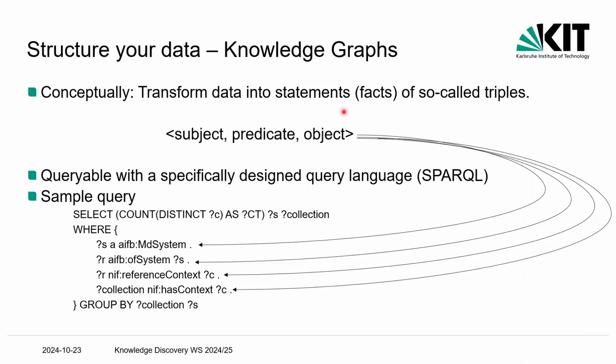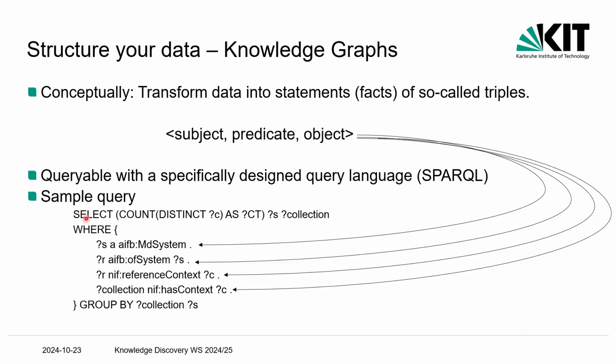I'm not going to go into particular depth here, but there's also a query language that was specifically designed for knowledge graphs. The query language is called SPARQL, close to SQL, as you might notice. And here's a sample query for it.